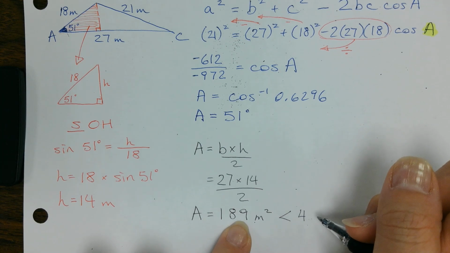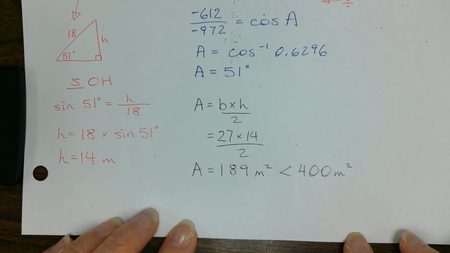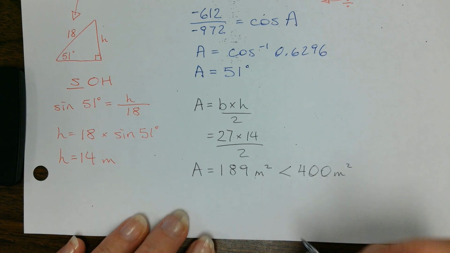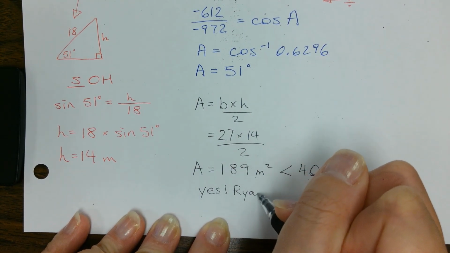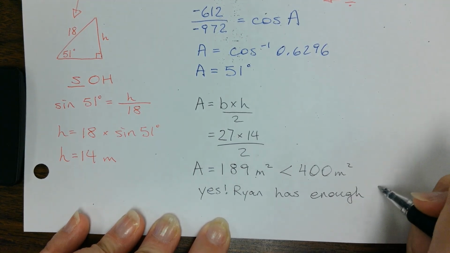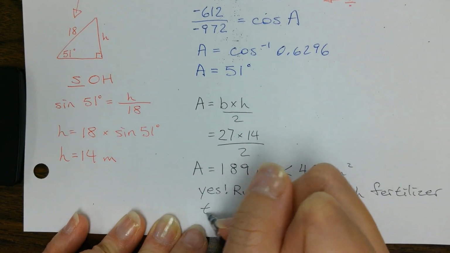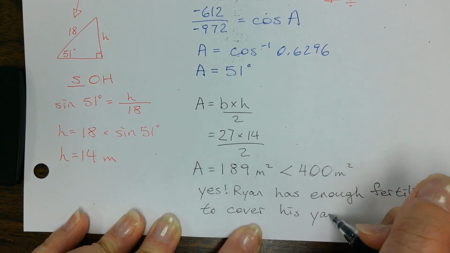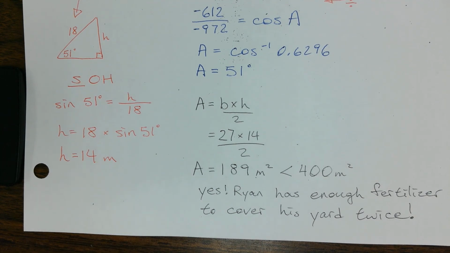My yard is 189, and I have 400 meter square worth of fertilizer, so I can roughly cover it twice. So yes, Ryan has enough fertilizer to cover his yard twice. So he has more than enough.